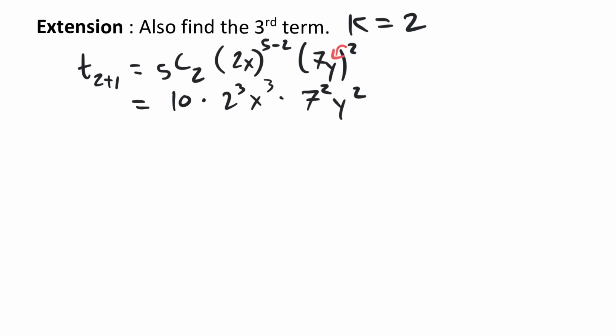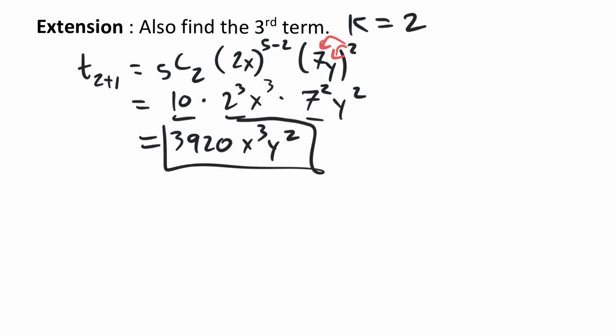Again, this is going to go to both the 7 and the y. Now we can group all these numbers together. 10 times 2 to the 3 times 7 to the 2 is 3920, x to the 3, y to the 2. And there's our final answer.